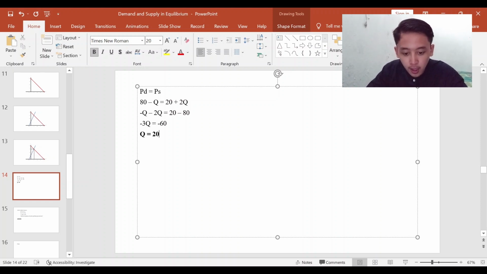Sure enough, it turns out that the equilibrium quantity is exactly 20. I did this by setting the demand and supply equation equal to each other and solving for Q.